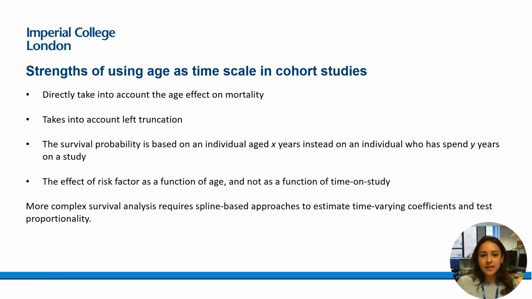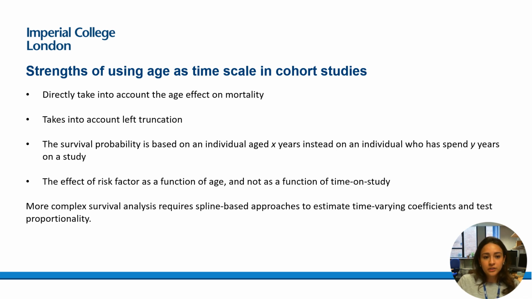Having said that, the strength of using age as the timescale is in large population cohorts, such as the UK Biobank, where the population age is high, 40 to 69 years old, and the recruitment was done over several years. It means that it directly takes into account the effect of age on mortality, so there's no need to adjust for it in the model.